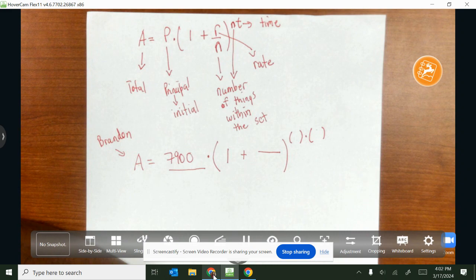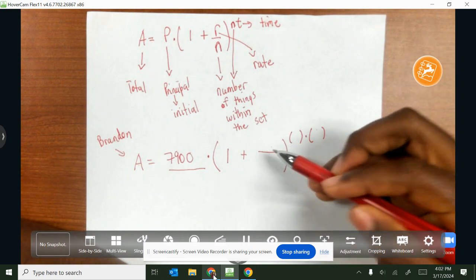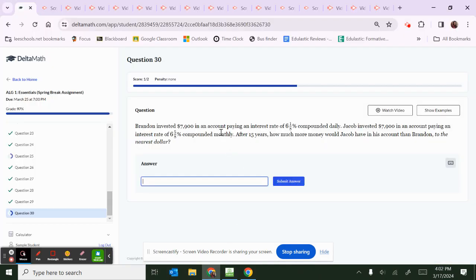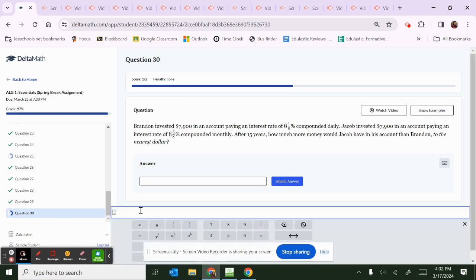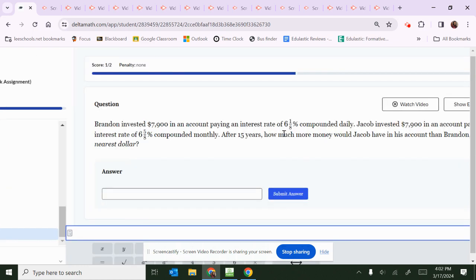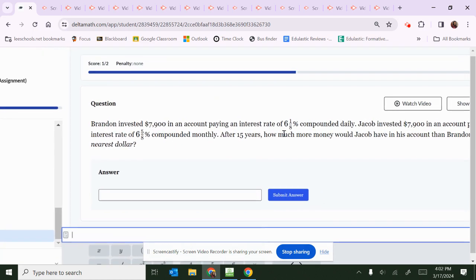So now let's identify the R, or the rate. Brandon said that his amount had an interest rate of 6 and 1/8%. Well, I need to write it a little differently. 6 and 1/8 means that you're doing 6 plus 1/8.